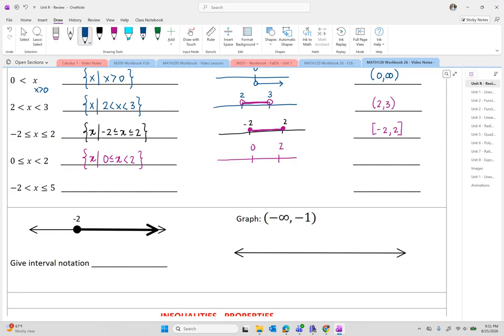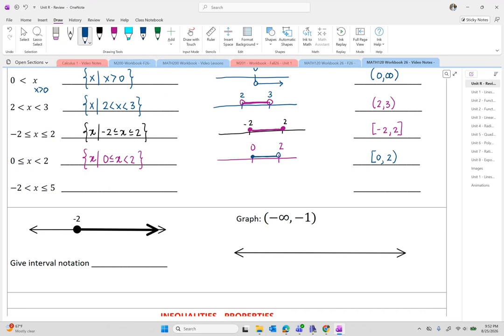I will shade the area in between, that's where x can be. X can also be equal to 0, so that's a closed circle. It cannot equal 2, so that's an open circle. And in terms of interval notation, closed is a bracket at 0, and open is a parenthesis at 2.